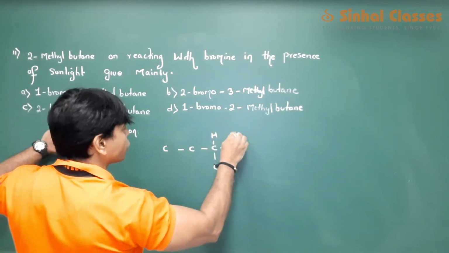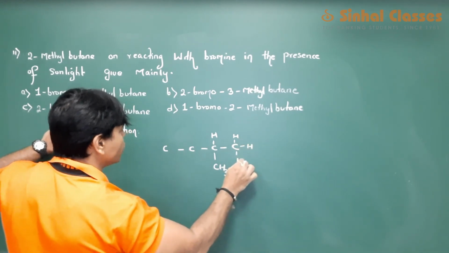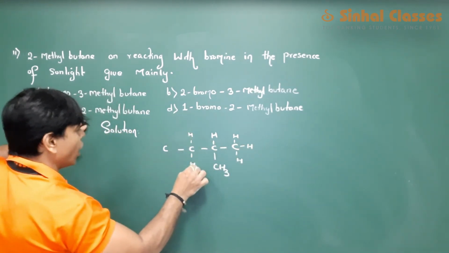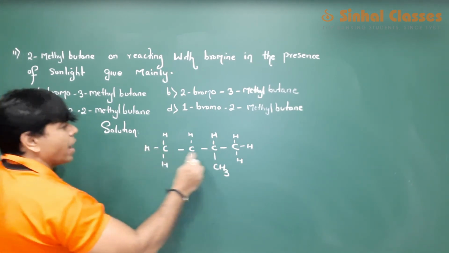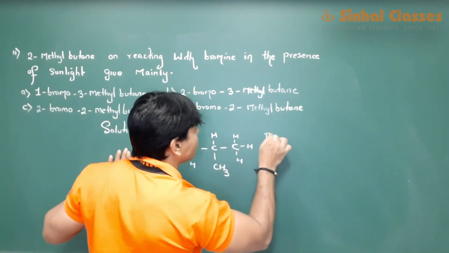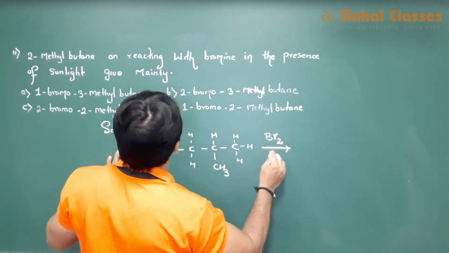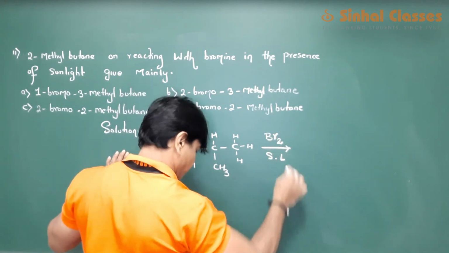So this is 2-methylbutane, and now we want to know what will be the main product when it is treated with bromine in the presence of sunlight.